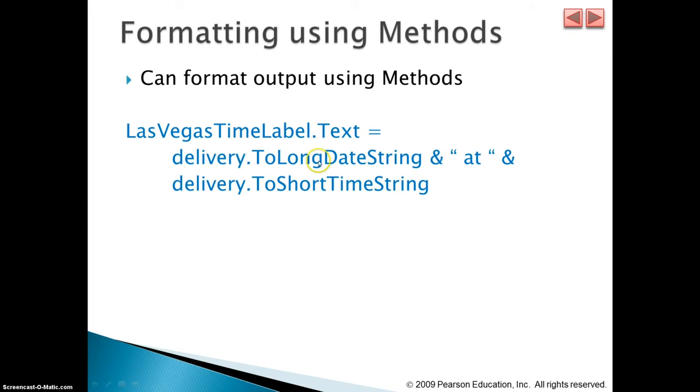These are other methods that are used to designate formatting, and that's a fairly common, easy way to do it, and it's pretty self-explanatory, the kind of formatting. Again, delivery is a DateTime object, and this is a method associated with that object, and then it just resolves and puts itself right here before it performs the final string concatenation.